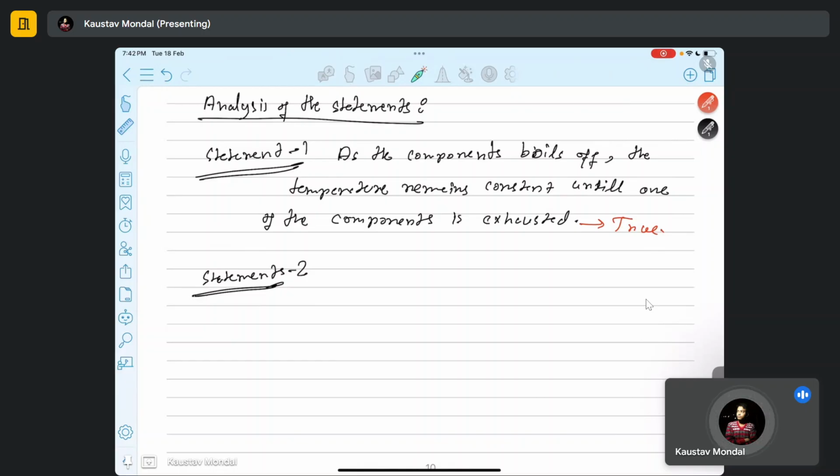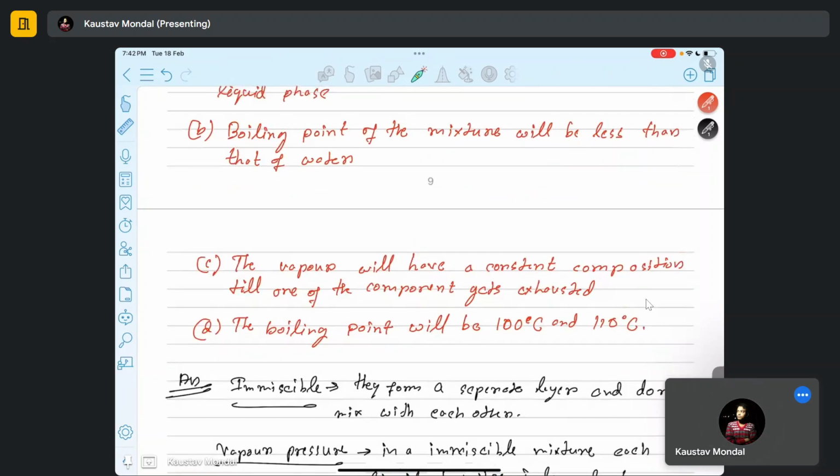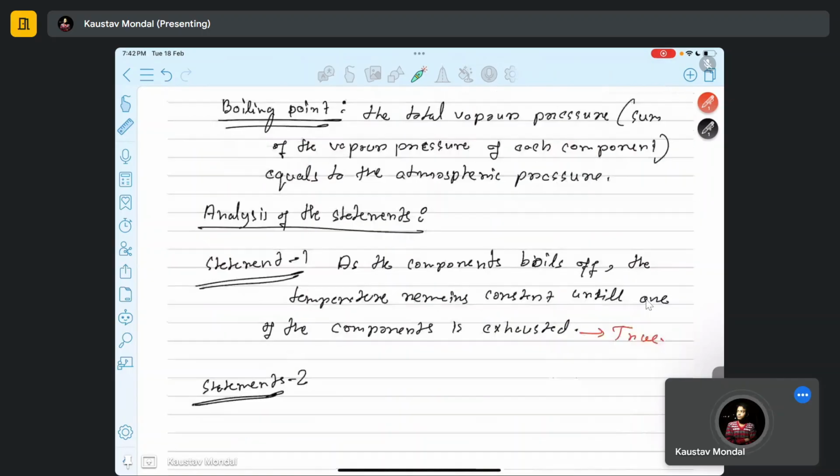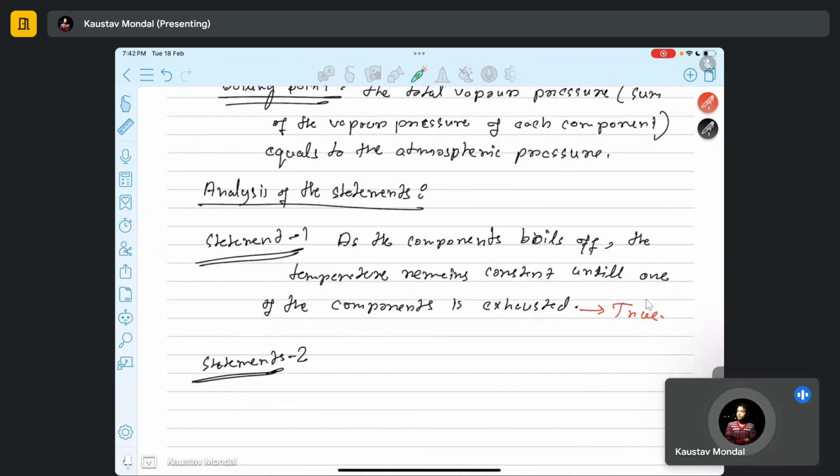We know that the mixture will only boil when the sum of the vapor pressures of both components, I mean both water and toluene, equals the atmospheric pressure. But since we know that toluene is less volatile than water, it has a high boiling point. High boiling point means less volatile than water, so it will boil at a higher temperature than water.